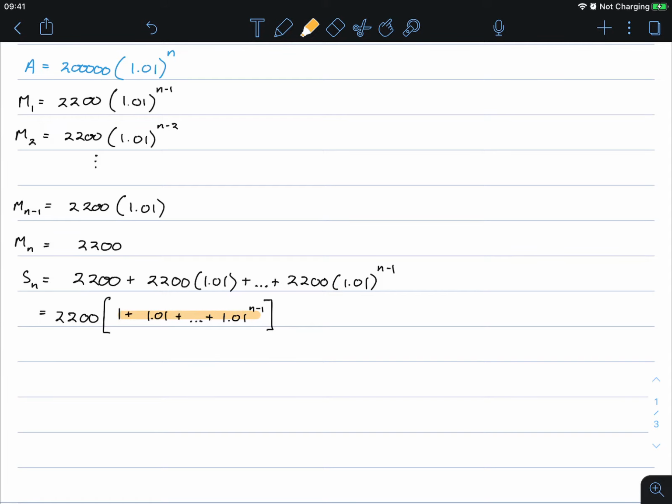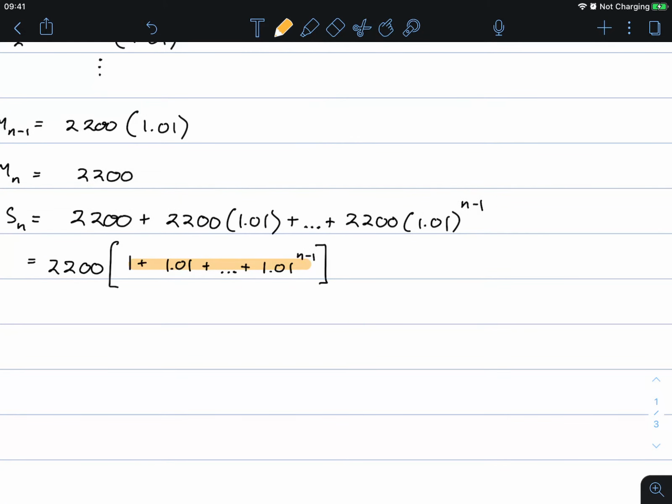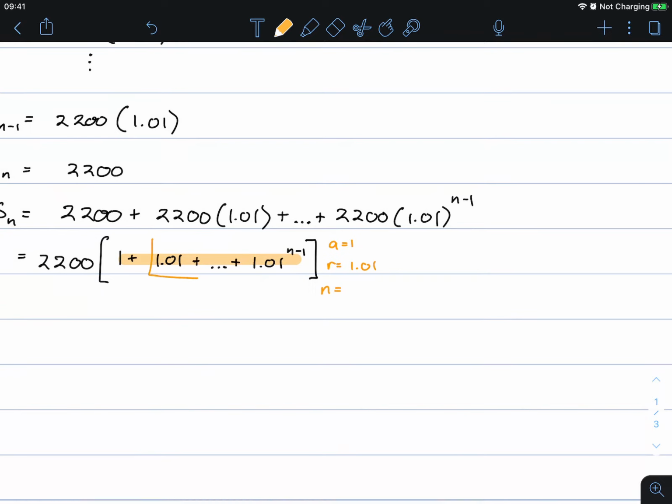This inside here is a sum of a geometric series where the first term, A, is 1, the rate is 1.01, and in case you've forgotten, you can find that by taking a term and dividing it by the previous. And the n, here's where it gets slightly tricky, all the 1.01, there are n minus 1 of them.